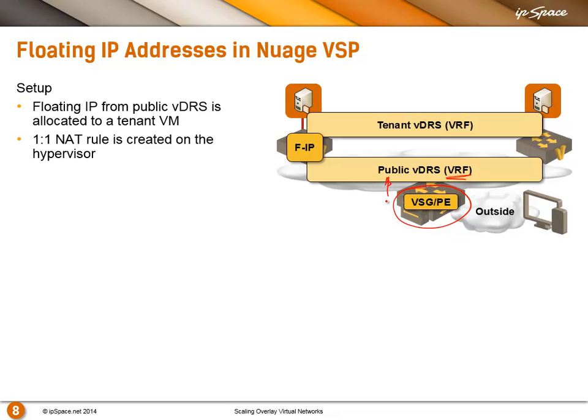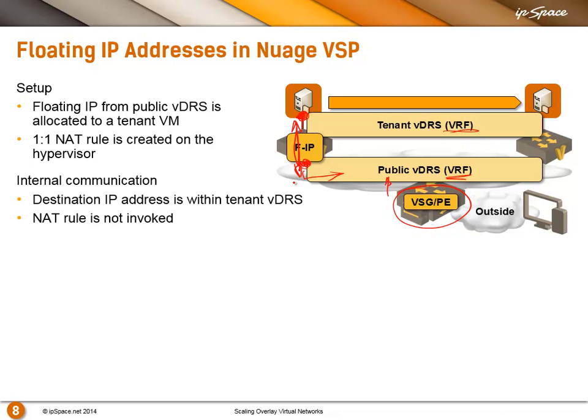And you want to have a mapping between this outside IP address and a VM IP address, which is sitting in some tenant VRF. A very simple thing is done. A one-to-one NAT rule is created on the hypervisor where the VM sits, because this is a one-to-one mapping between the outside public IP address and the VM private IP address. And then this hypervisor advertises this public IP address to the outside VRF.